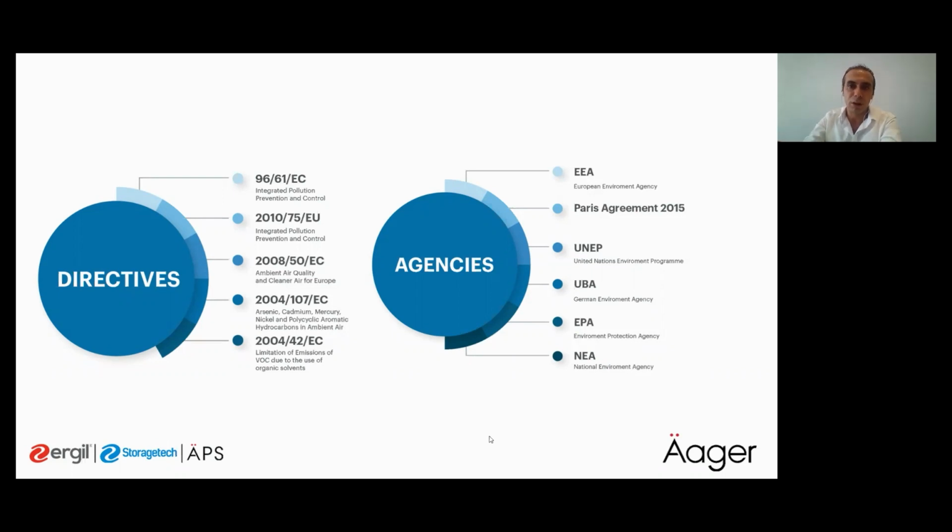One of these is the European Environment Agency, and the countries also have some agencies such as the National Environment Agency from the United Kingdom and UBA, the German Environment Agency. And I also added the Paris Agreement from 2015, because after this agreement, emission control is highlighted all around the world.